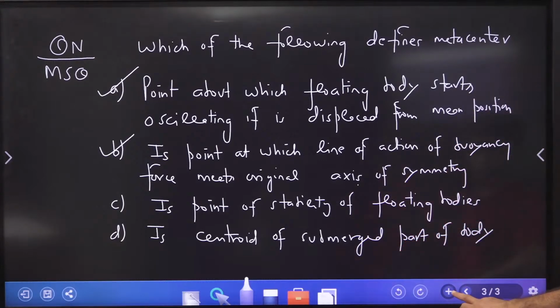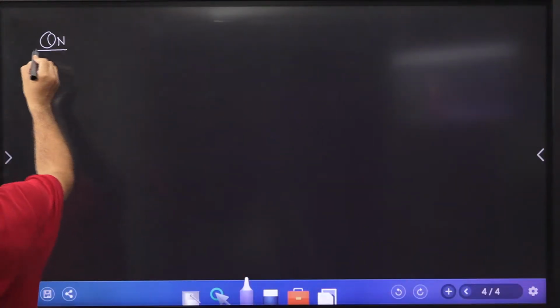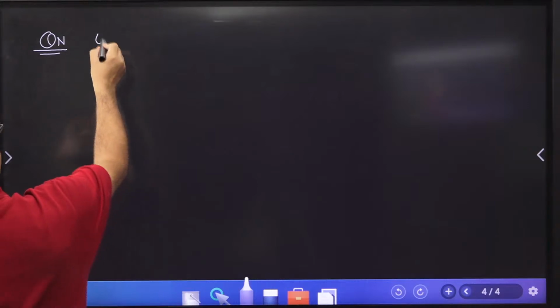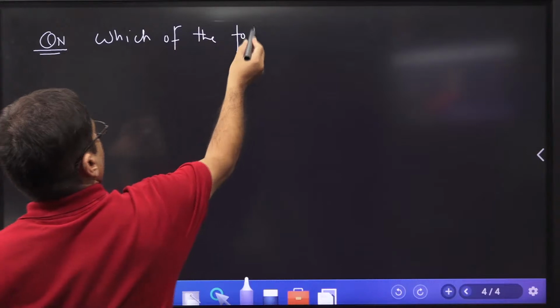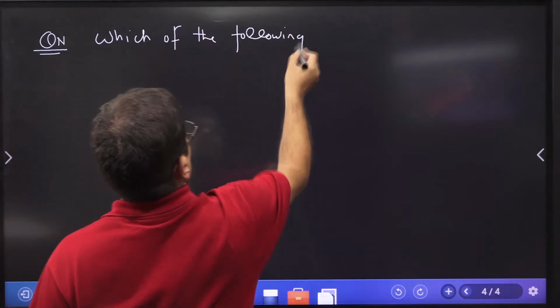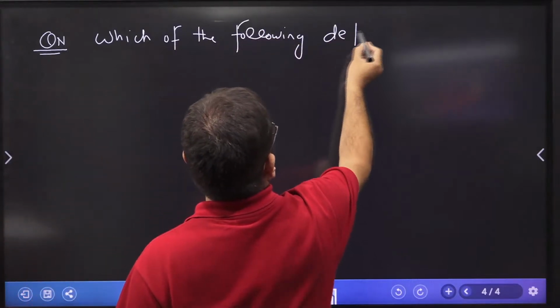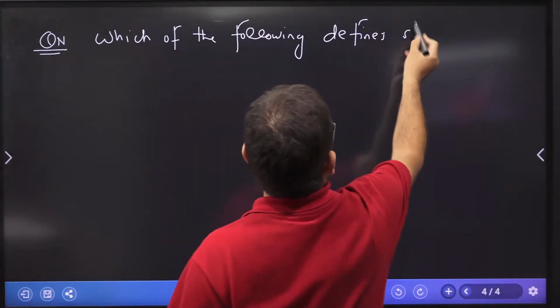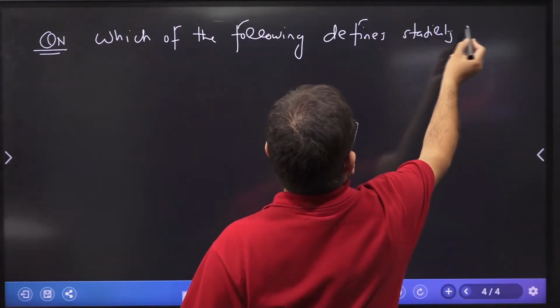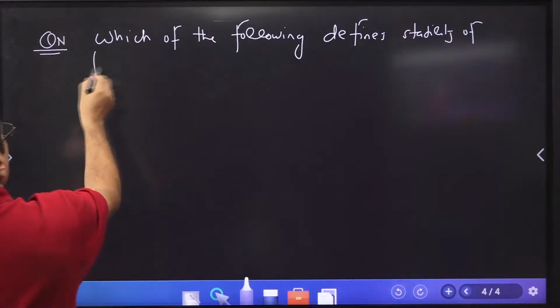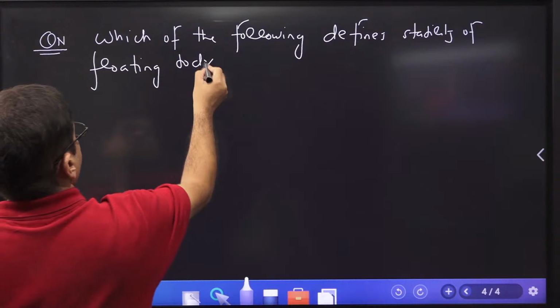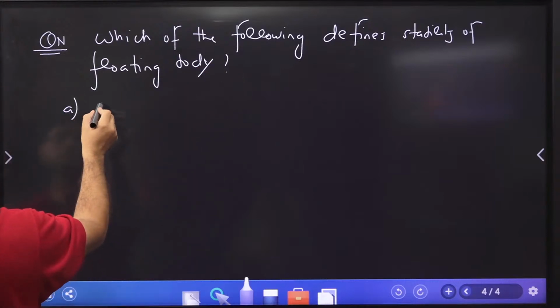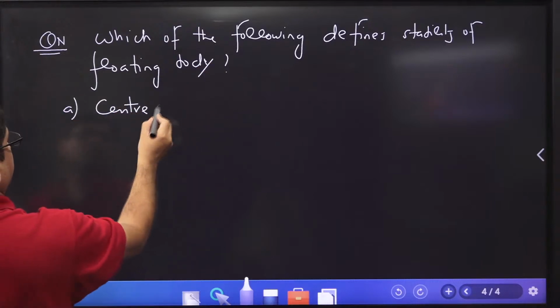Now let's go for the next question. Let me frame the next question. Which of the following defines stability of a floating body? Choice A, center of gravity.